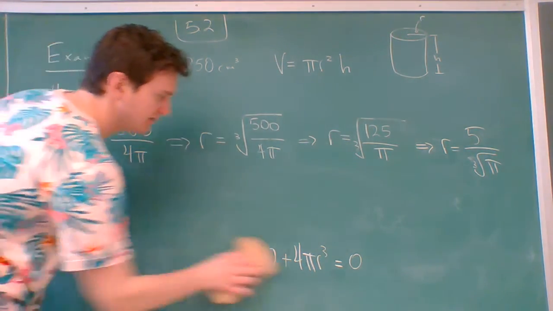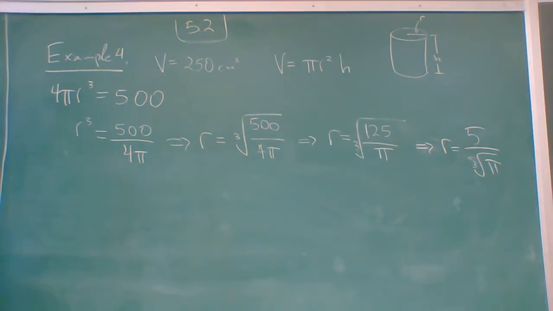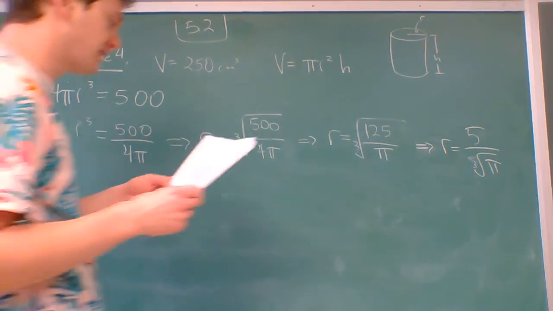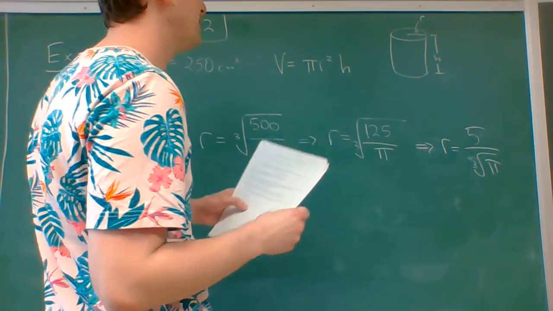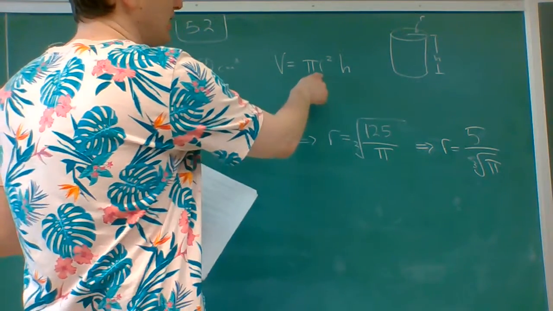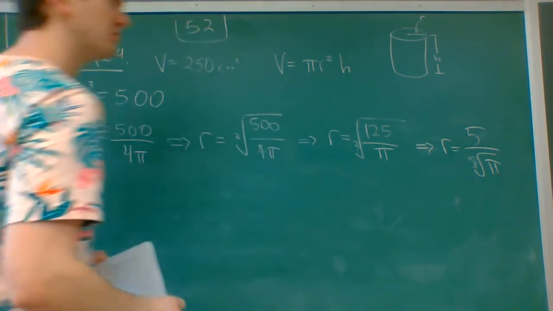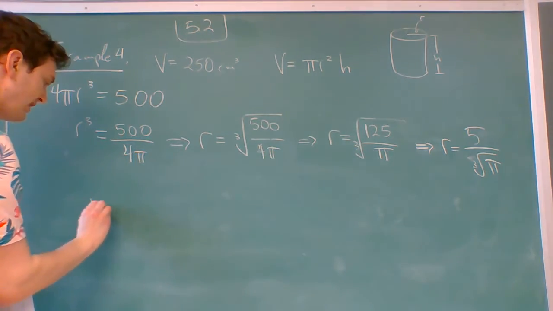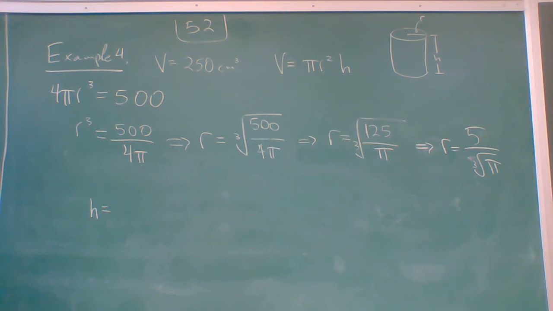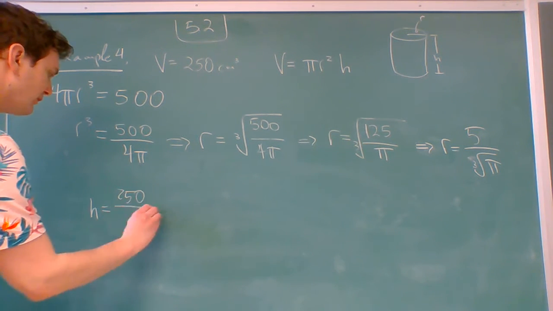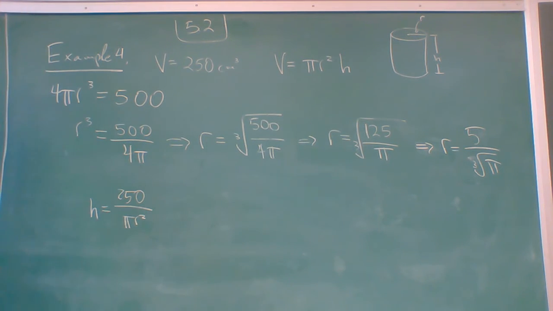Almost done. The last thing is, well, what was the problem asking for? What should the dimensions of the cans be in order to minimize the amount of metal used? Well, I've got r, but now I need h. But remember, h was equal to, what was h equal to? 250 over pi r squared. That's from earlier.